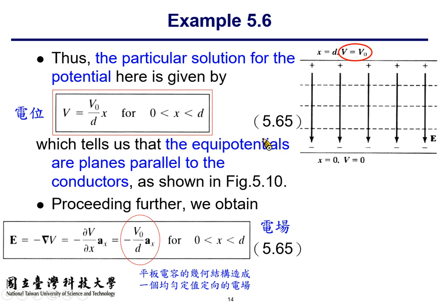So you only have a field pointing from top to bottom between the plates, a homogeneous field distribution, and nothing out there. So this provides a satisfying mathematical interpretation.